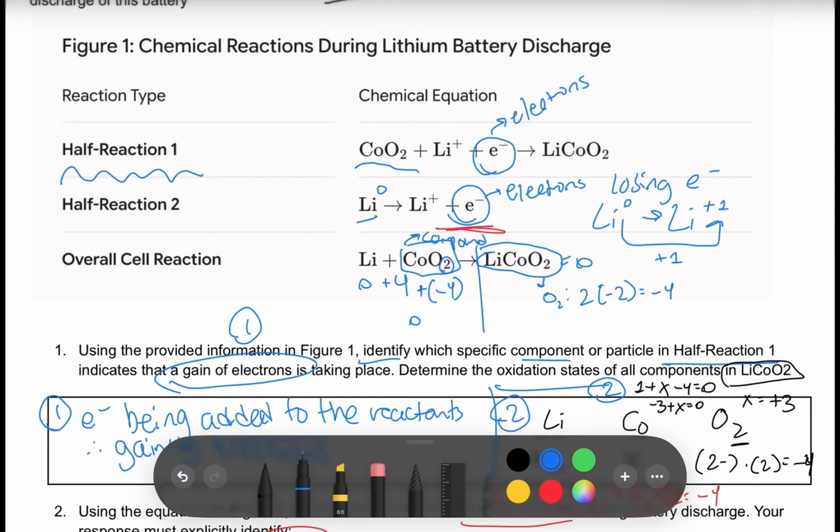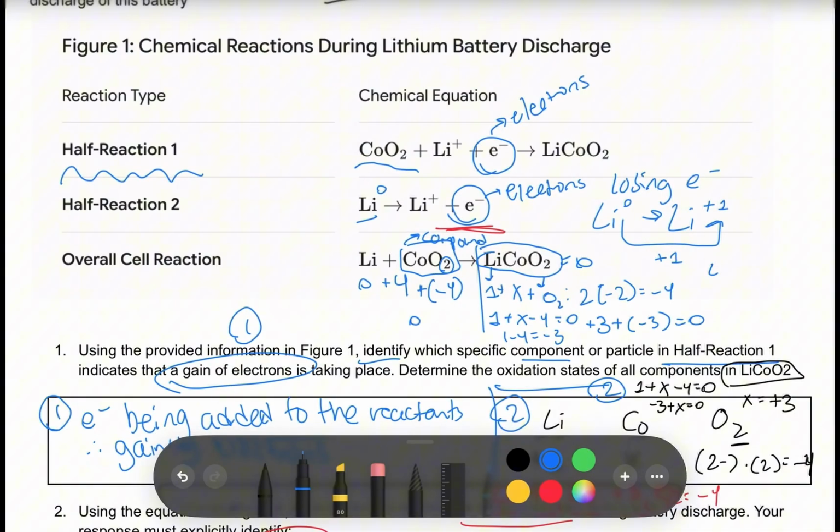Now, since this whole thing has to add up to 0, we also know that lithium is in group 1, so it's going to be +1. So then 1 plus x plus -4 is going to equal 0. So let me just rewrite that: 1 plus x minus 4 equals 0. Again, 1 minus 4 is -3. So then plus a +3 is going to give us 0.